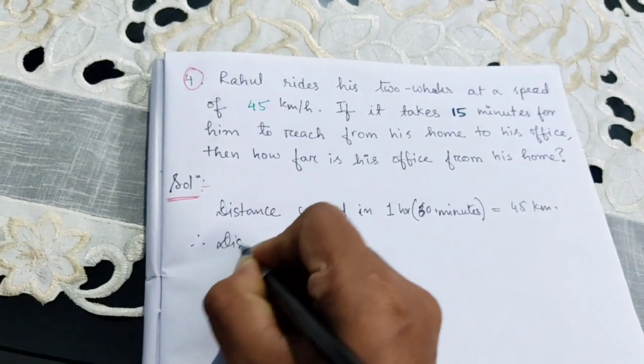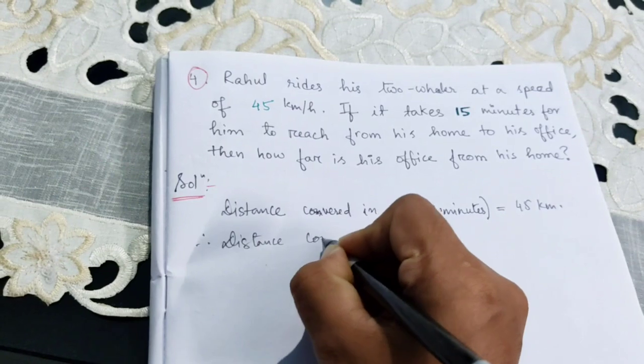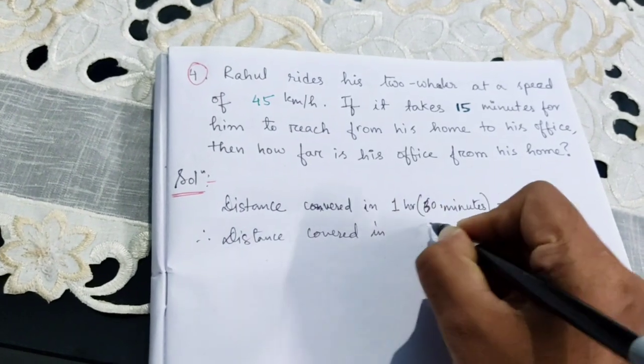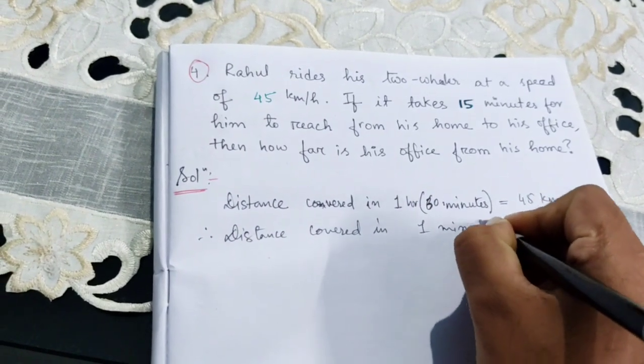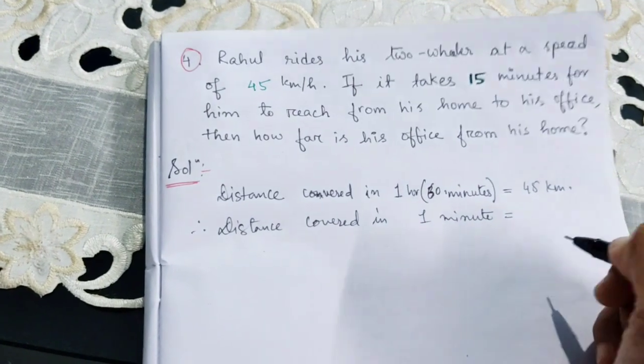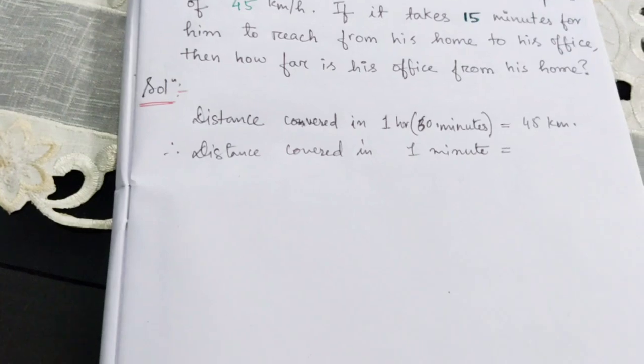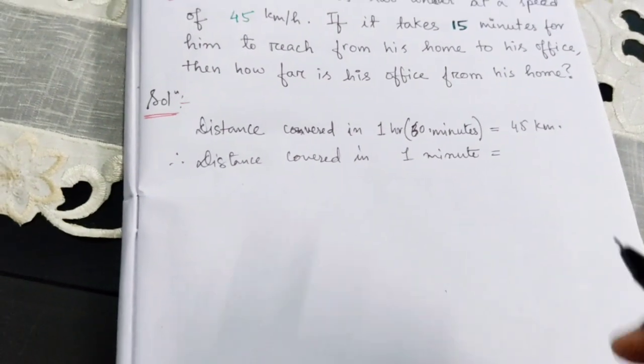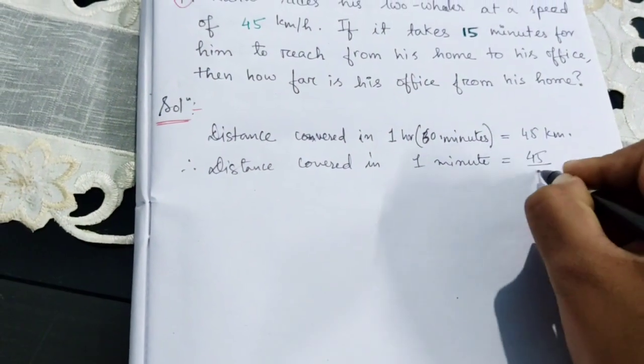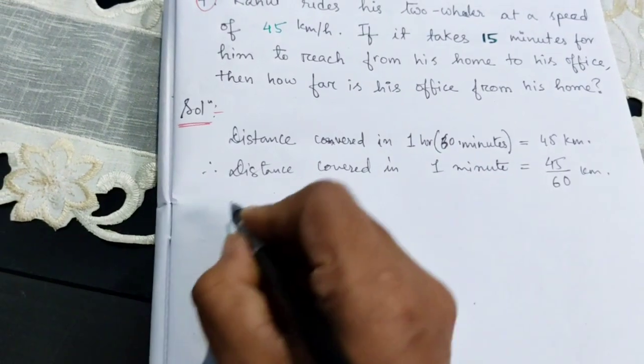Therefore, distance covered in 1 minute. This is called the unitary method. So first of all, 60 minutes is 45 km. So in 1 minute it will be 45 by 60 km.